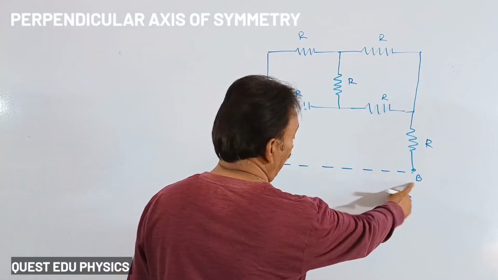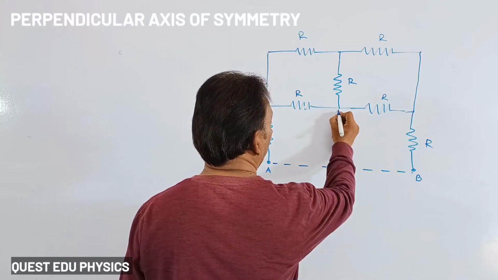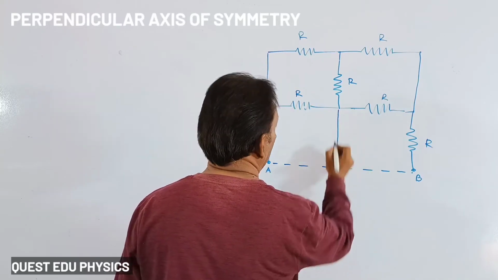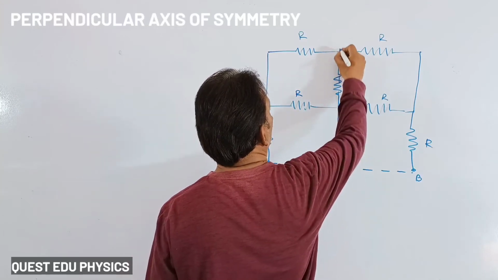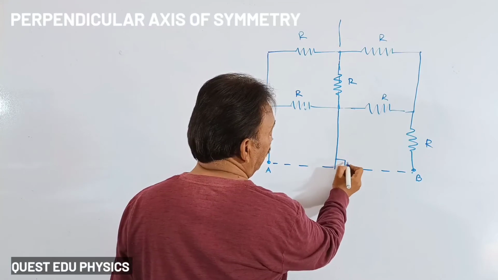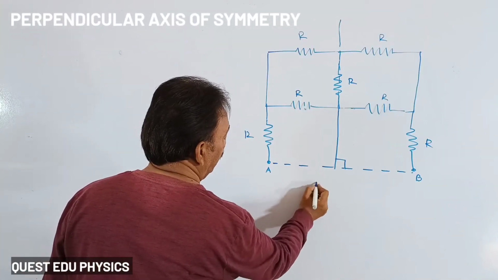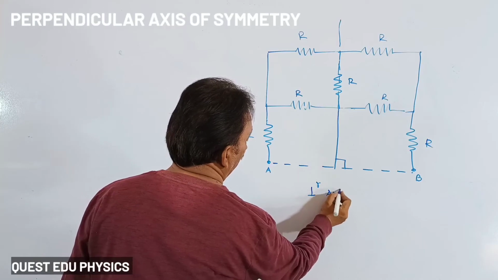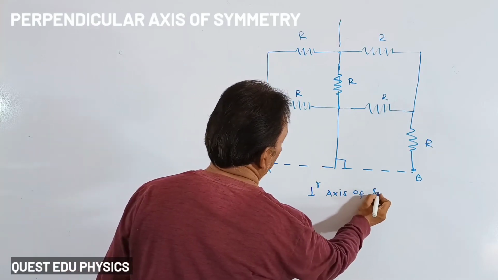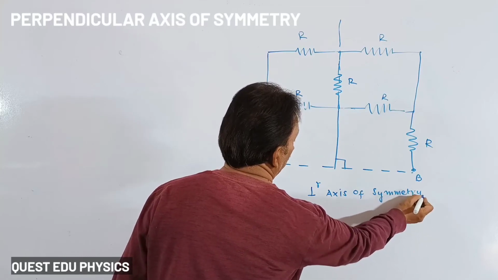Here we have to find the effective resistance between the points A and B. I'm drawing an axis here. Here's the axis which is passing in this way. It is making 90 degrees, and simply you can say it is the perpendicular axis of symmetry.